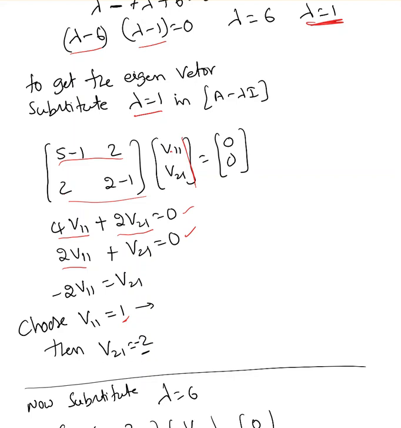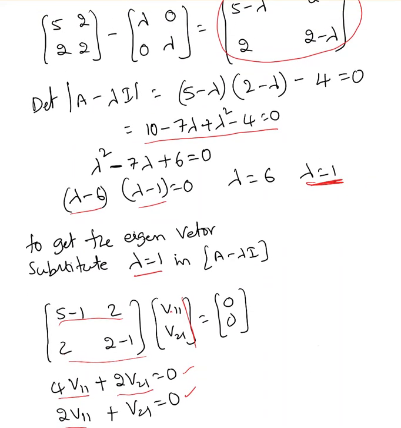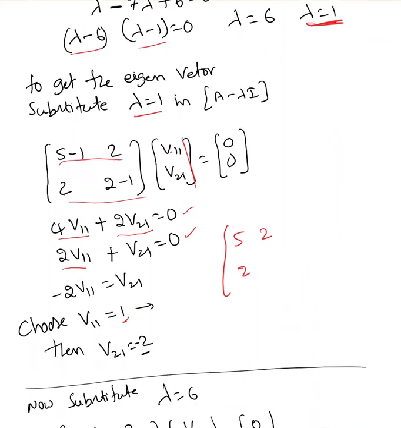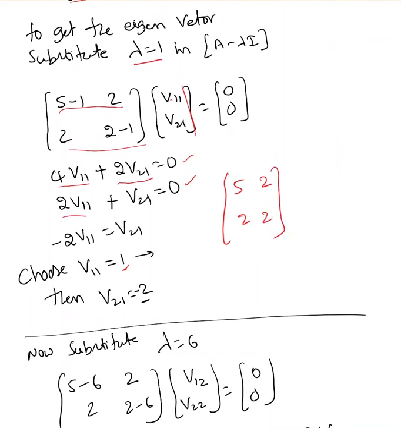So for example, what is the A matrix here? [5, 2; 2, 2]. This is A times V equal to lambda times V. So I'm going to multiply this with [V11, V21], which is [1, minus 2]. Sorry, this value is minus 2.